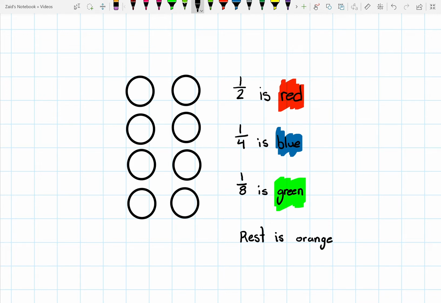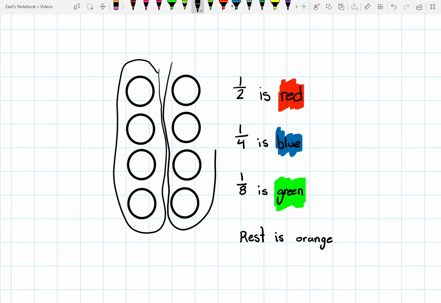Well, what I would do is try to split them into two groups. I know that if I want to split 8 into 2 groups, I would have groups of 4. So this is one group of 4, and this is another group of 4.